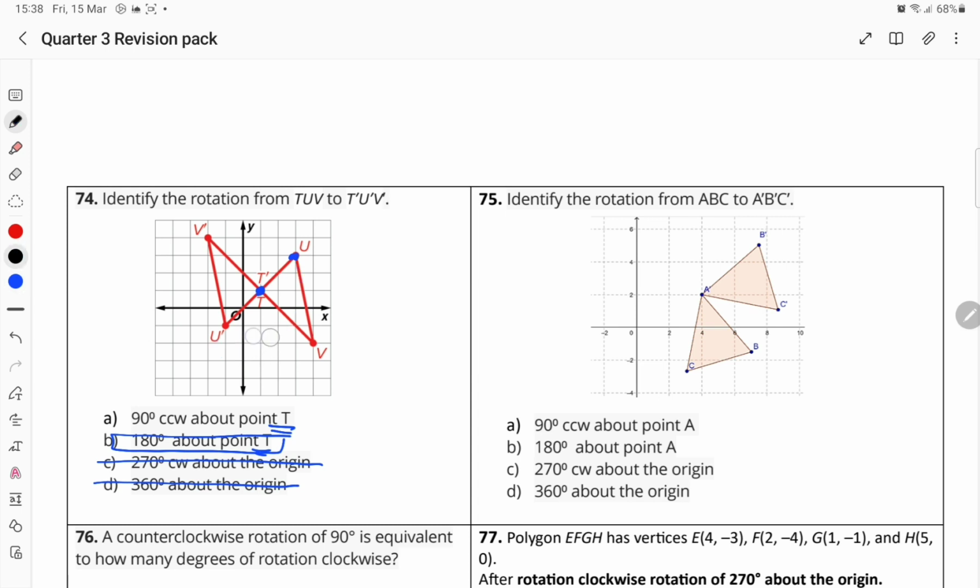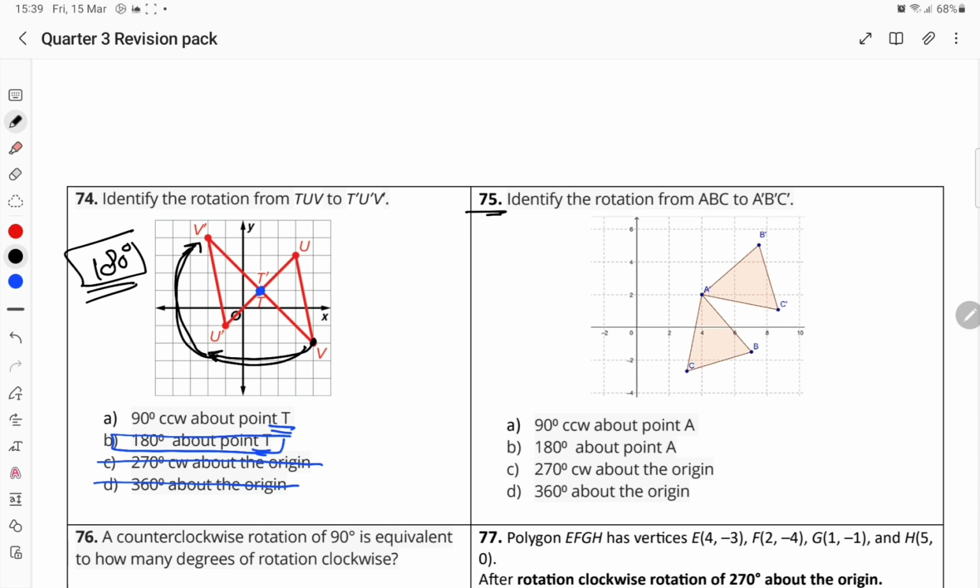Now, to make sure, let's follow the point V. Here's the point V. If I moved 90 only, it will be in the next quadrant here, but it moved another 90, which total is 180. So the V prime is in the next quadrant, not the next, the one after it. So 90, 90 again, 180. Very good.